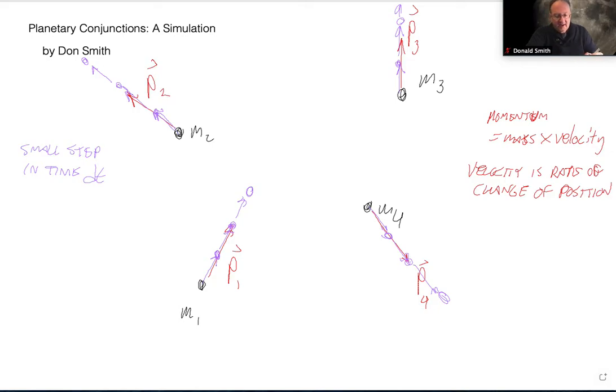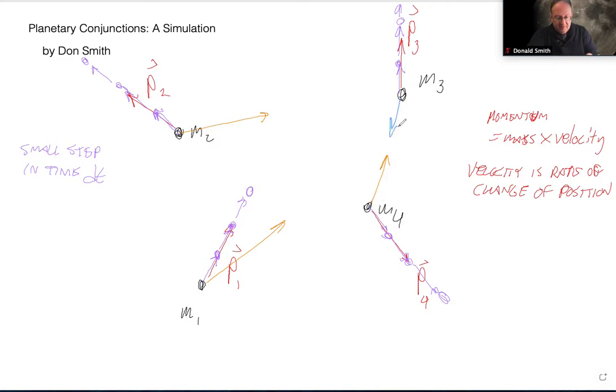So we have gravity, and each of these masses pulls on all the other masses due to gravity. So for example, M3 here is pulling M2 in that direction, it's pulling M1 in that direction, and it's pulling M4 in that direction. And then M4 is pulling on all the others.